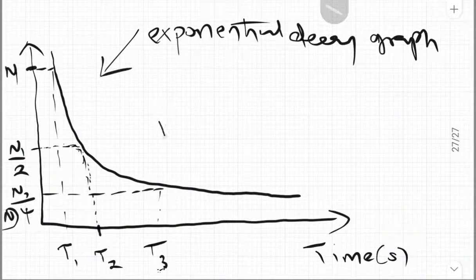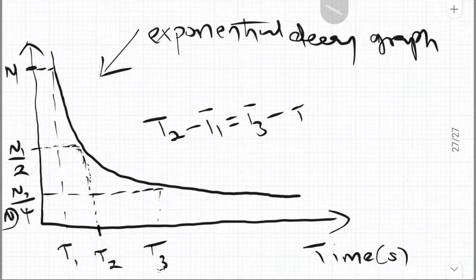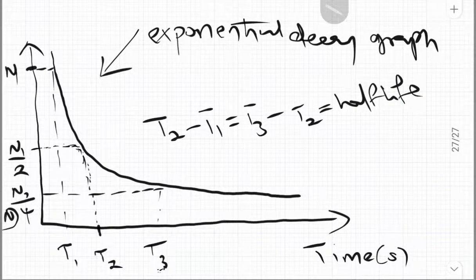So we said that t2 minus t1, or t3 minus t2, is the half-life of the radioactive material. We also noted that every unstable nuclei that undergoes disintegration has its unique half-life.